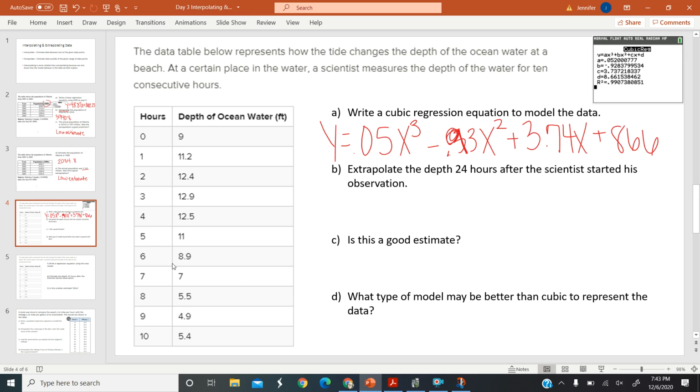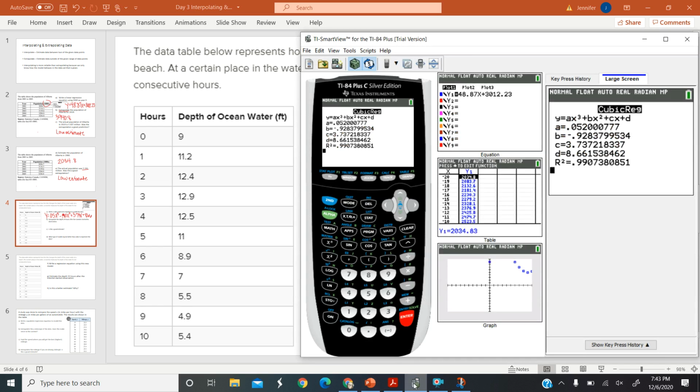So let me come back to the calculator, and I'm going to redo my table start because it was negative 20, and I want it to be 24 now. So I'm going to go to second window and change that table start from negative 20 to 24.